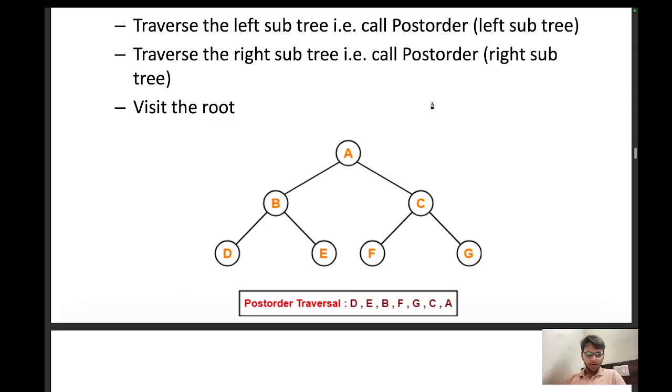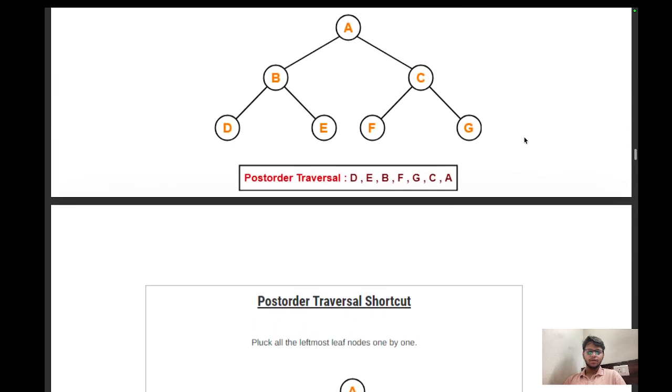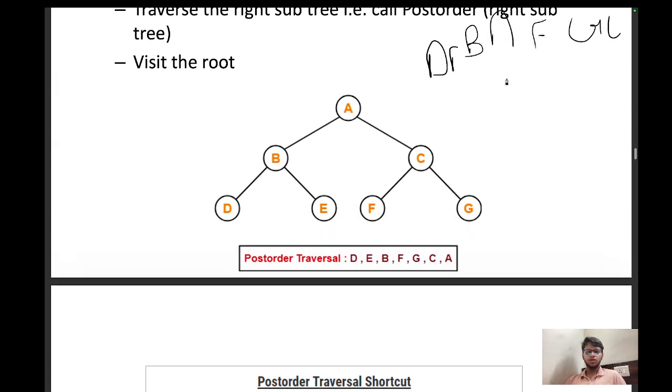For post-order, we have D, E, B, and so on. Sorry, it was my mistake.